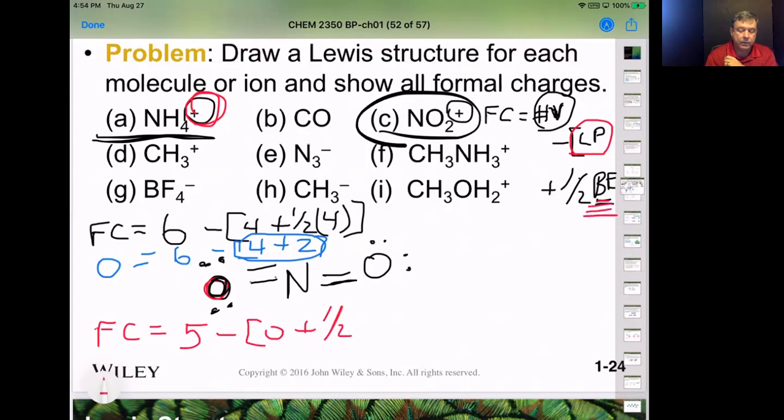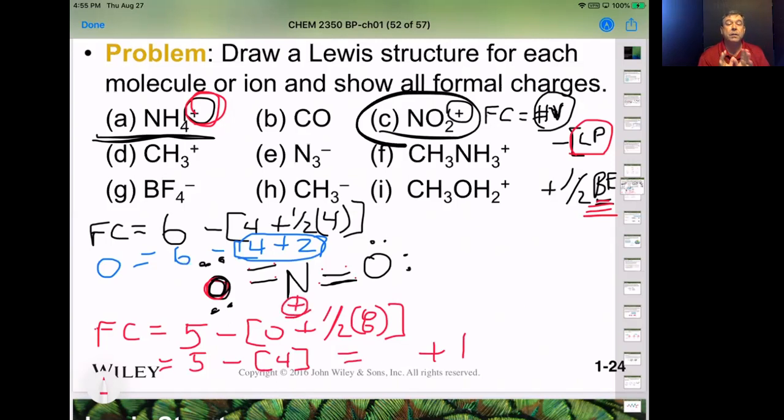And so we have 1, 2, 3, 4, 5, 6, 7, 8. Each of those lines is 2 electrons. That's 8 electrons right there. So that brings us 5 minus 4 is the number inside the bracket now, which is equal to plus 1. So that means the charge is on the nitrogen. It has a plus 1 charge, and both of the oxygens are neutral at 0 charge. Therefore, the molecule itself has a plus 1 charge.